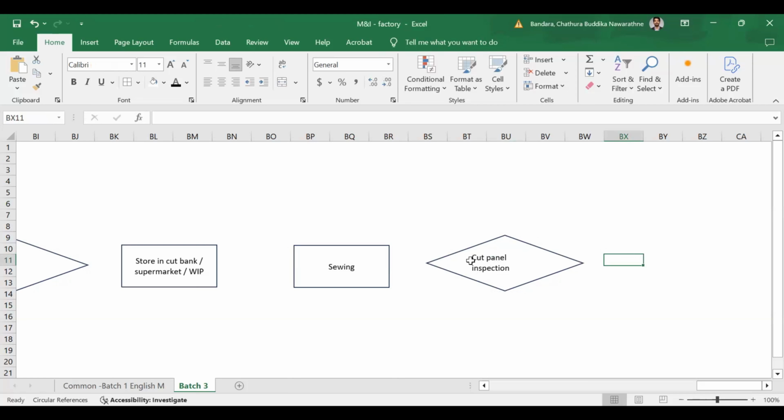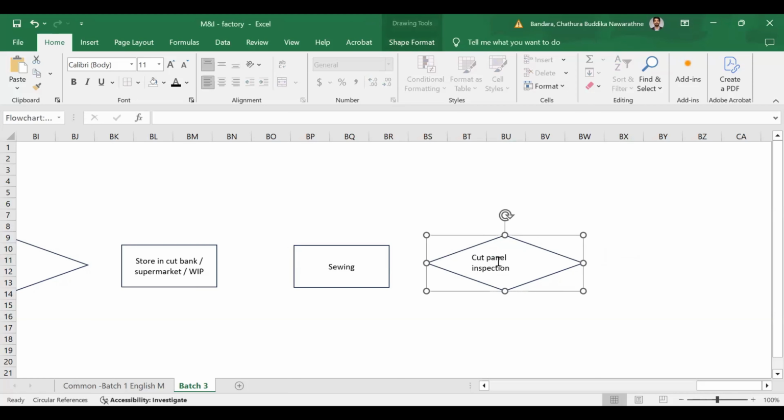But we are doing another step, QCO, the quick changeover process, before starting the sewing. That's a QCO MNI flow, not the normal part.